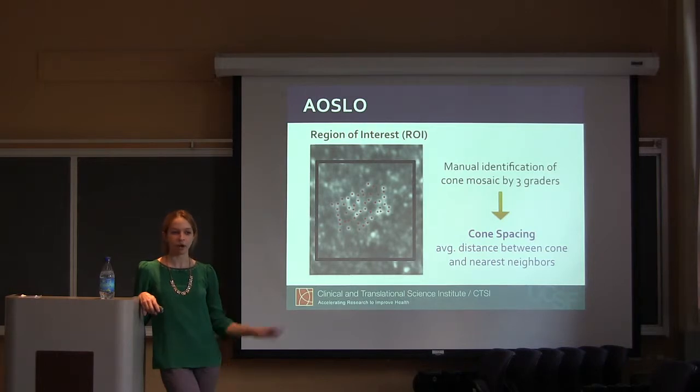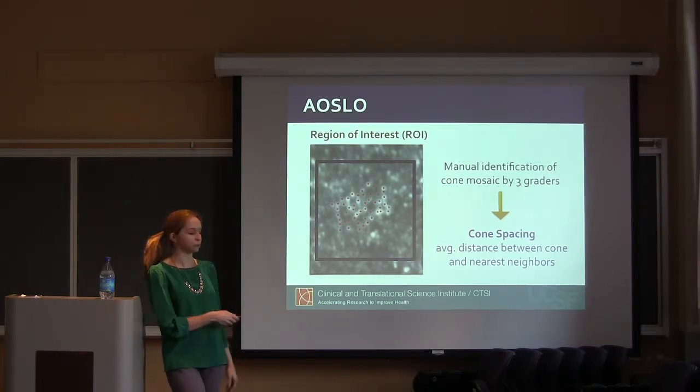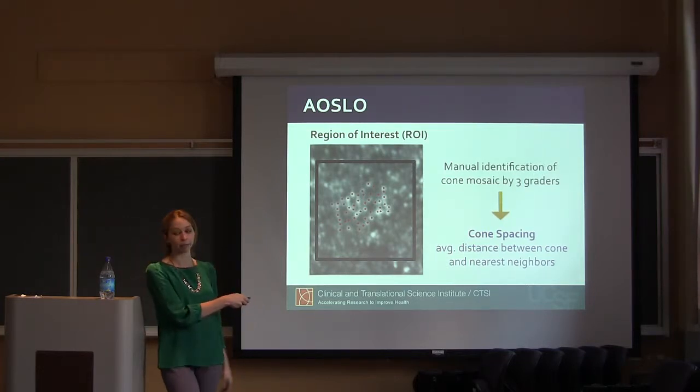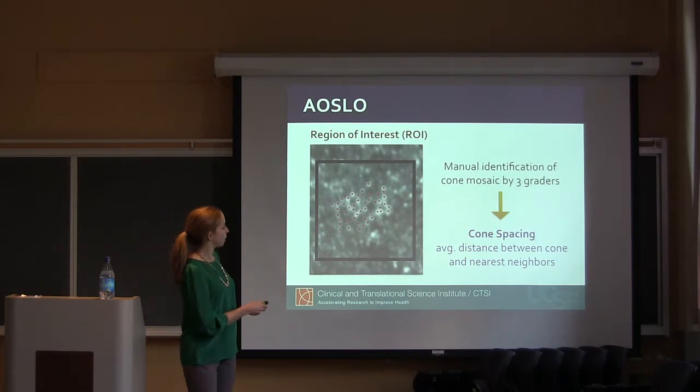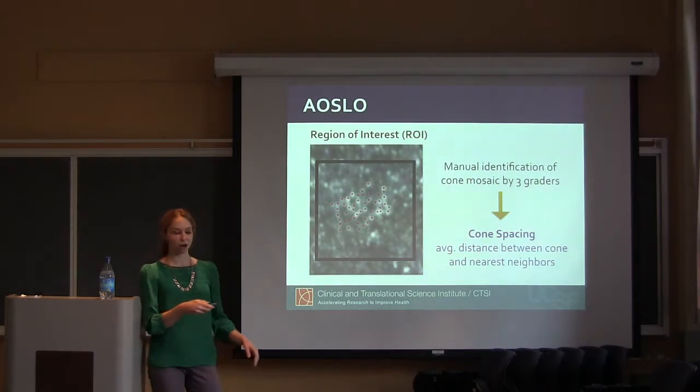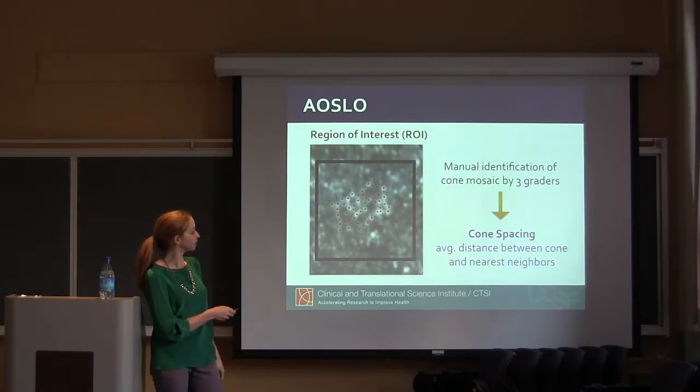And we're going to compare how the different graders look at cone spacing to see how consistently this outcome can be measured. After this profile is generated, the computer calculates the distance between every pair of 2 cones. So this cone to this cone, this cone to this cone, this cone to this cone, etc., for every permutation of the cones.